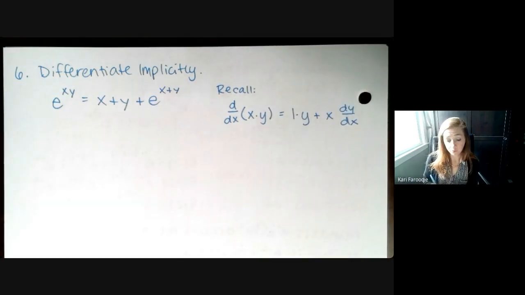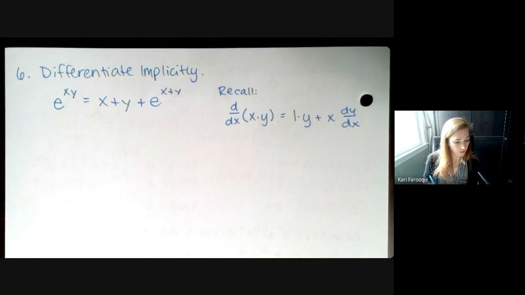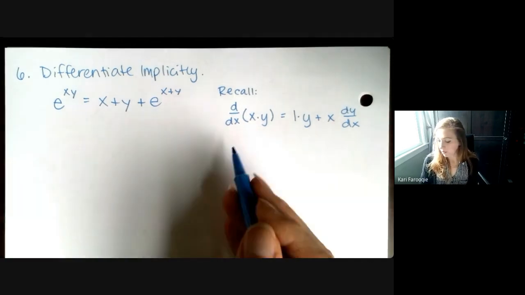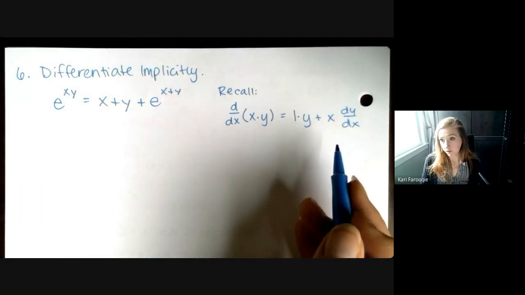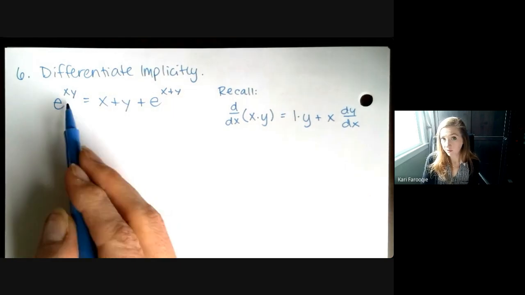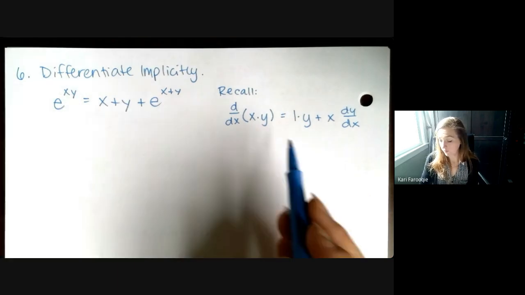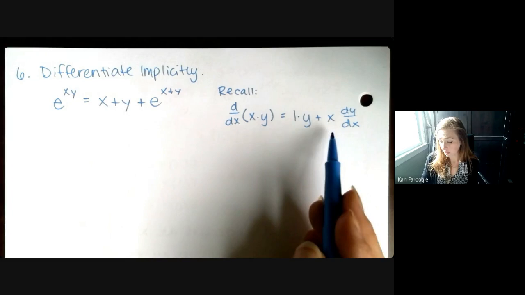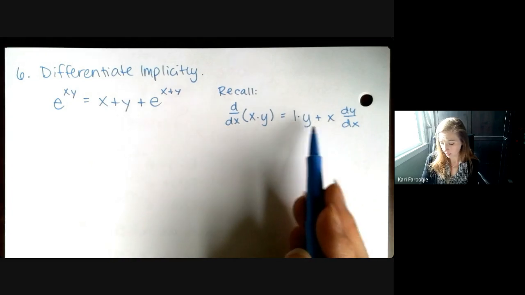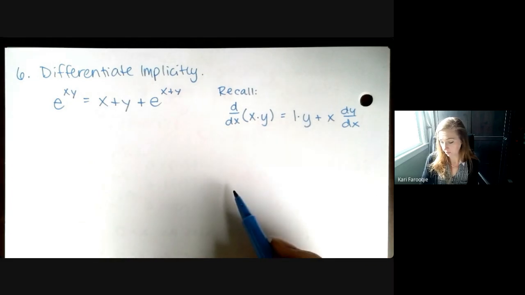We did this back in the section when we learned to take derivatives implicitly. I'm trying to remember exactly what section it was. I want to say it was 3.6. But we did this in 3.6. So we're going to have to multiply by the derivative of the inside function here. The derivative of the inside function with respect to x is 1y plus x dy dx using the product rule.